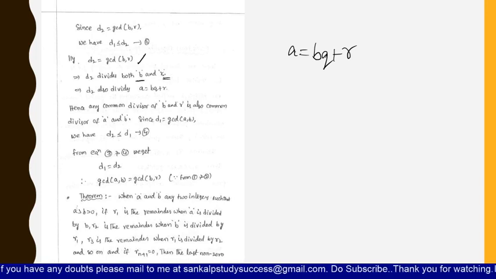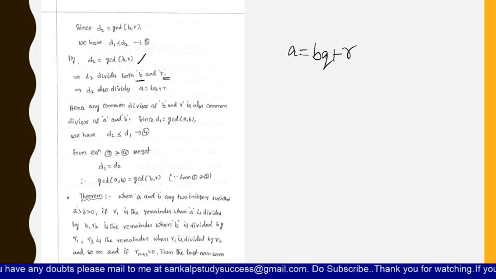Now we will move to the RHS part. That is, D2 is equal to GCD of B, R, where A = BQ + R. If D2 is the GCD of B, R, that means D2 is a common divisor of both B and R, correct?